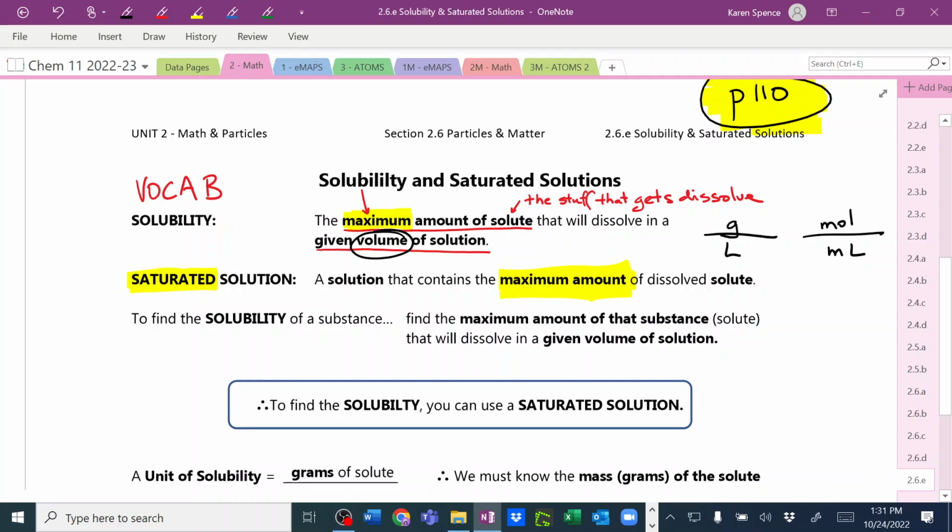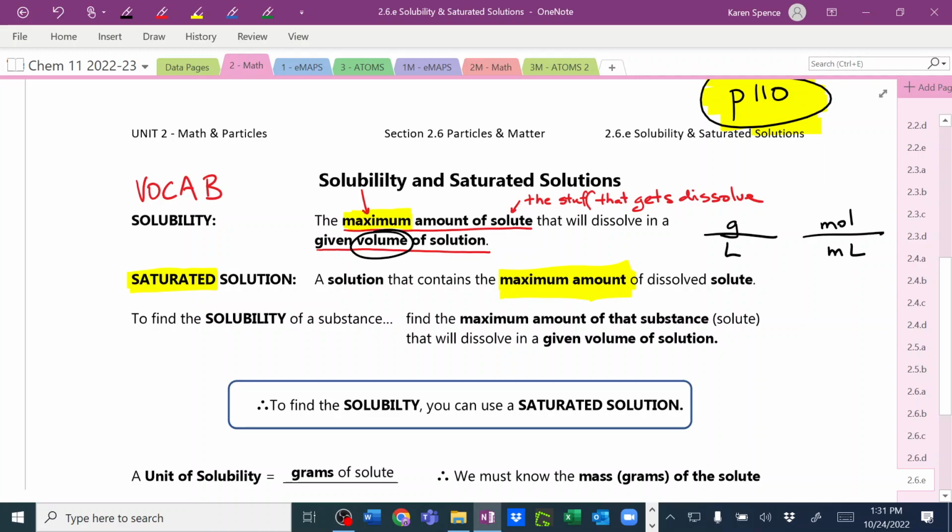What could you do to find it? What would you have to do first? You would have to find some mass. You got your water here, yes? What are you going to do with the salt?